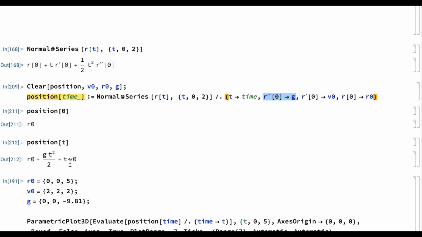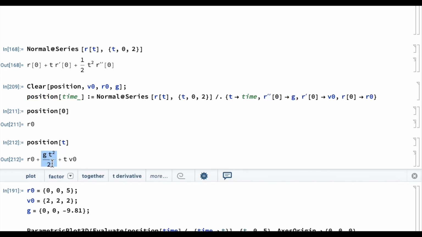We get 1/2 g t squared. Unfortunately, because of the way Wolfram Mathematica orders the variables alphanumerically, this term 1/2 g t squared occurred in the middle of the expression here, but that's a technicality. This is the same as it was ordered before.